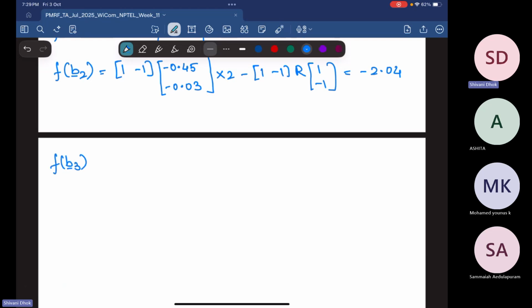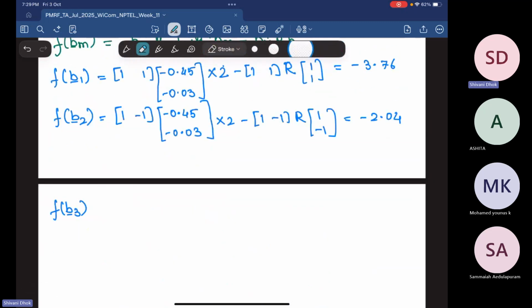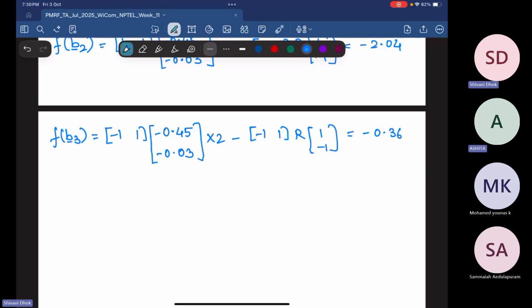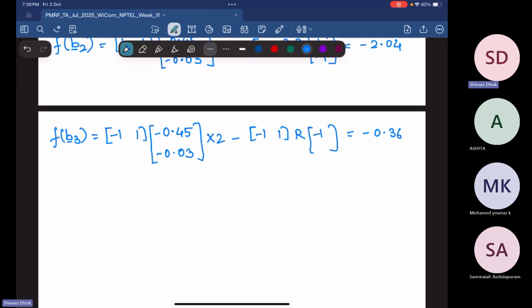F of B3. B3 is what? B3 is -1 1. So B3 Hermitian is -1 1 into -0.45, -0.03 into 2 minus, you have -1 1 R times 1 -1, and this comes out to be equal to -0.36.